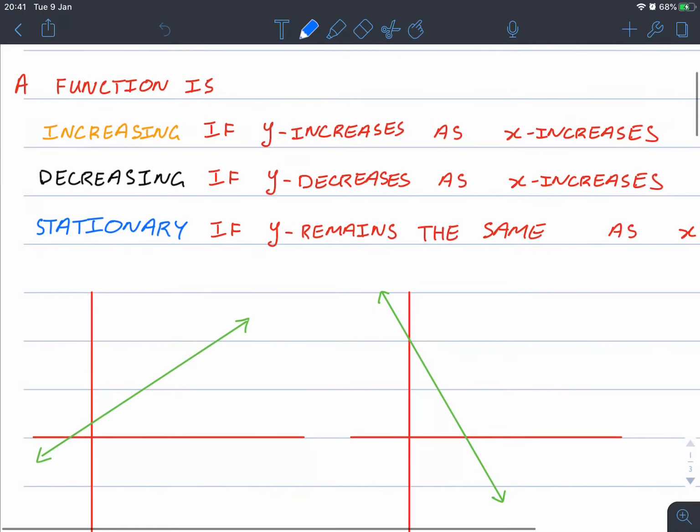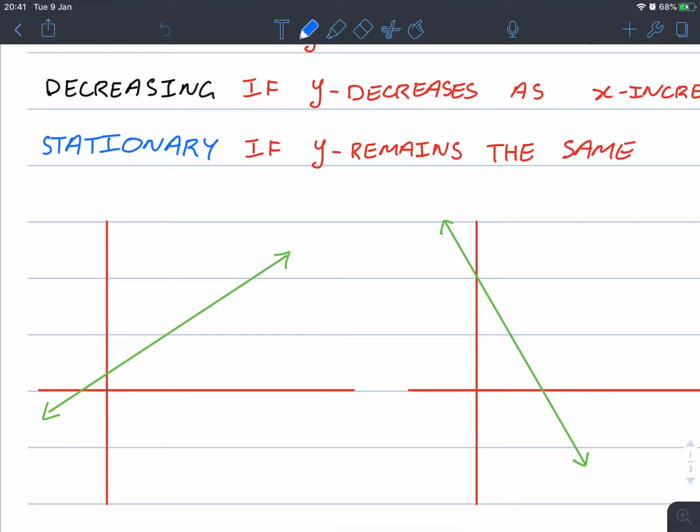Here's an example of what we mean. Let's take a look at the x values along here. As the x values continue to increase, what is happening to the y values? Let's take a look from this point to here.